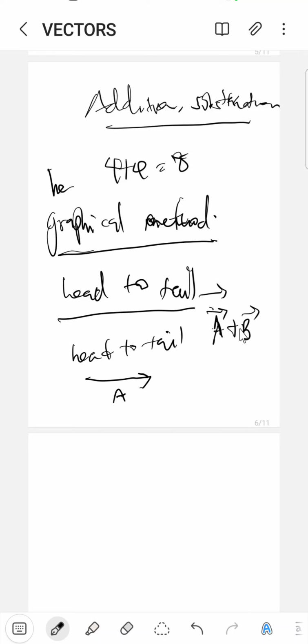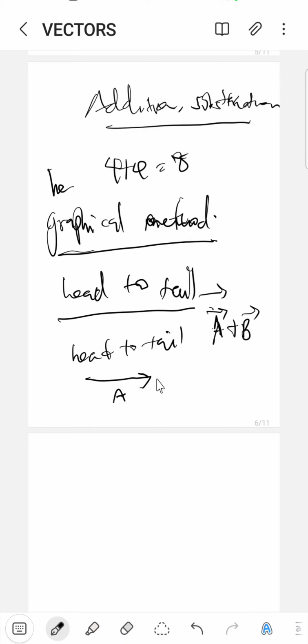We are saying B is being added to A. So if you have a vector A in that direction, we have to show it by an arrow because these are vectors, all right? If you have vector A like that, and you want to add vector B to vector A, you have to add vector B using this rule.